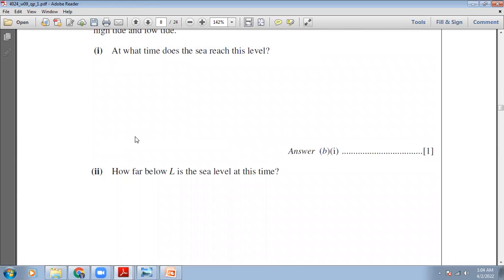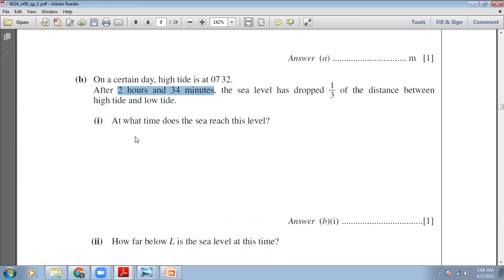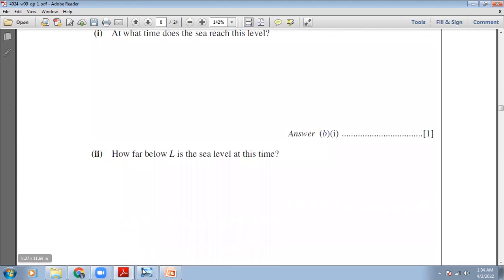Then their question is, how far below the ledge is the sea level at this time?